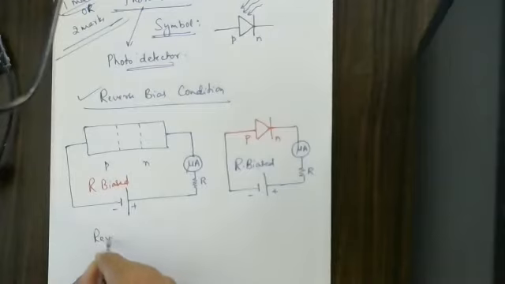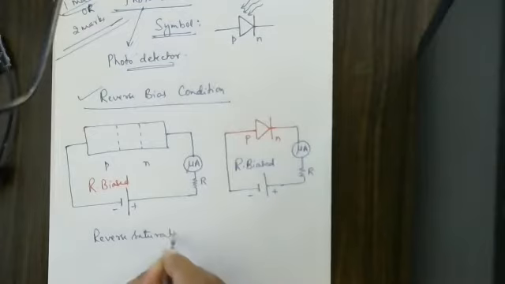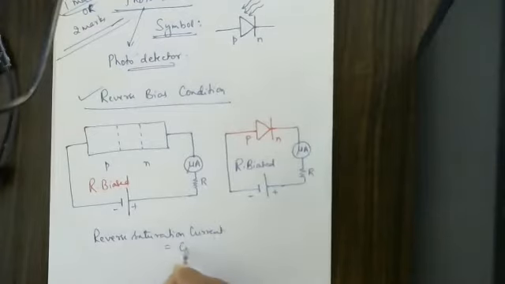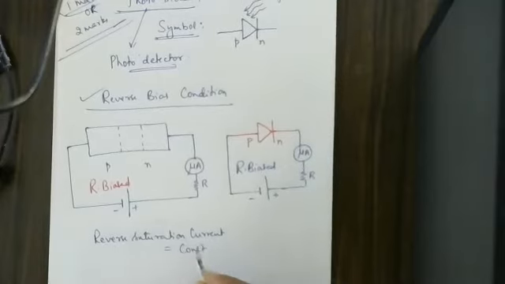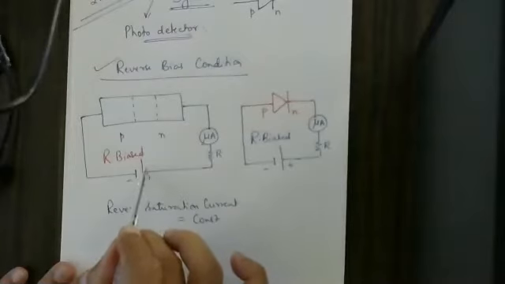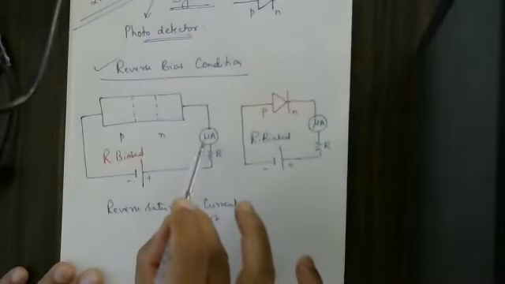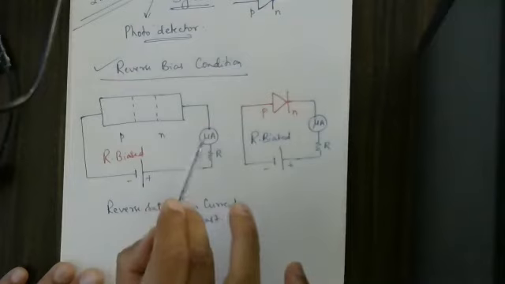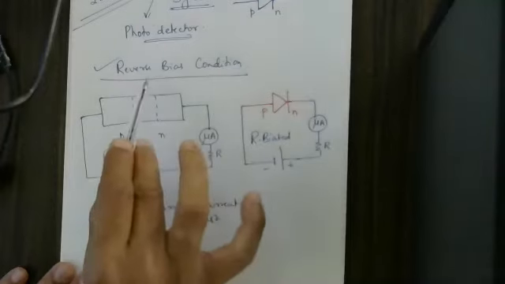So here there is a reverse saturation current. The reverse saturation current is a constant value. As you are increasing the voltage here, the current never increases. The current remains the same in the reverse bias condition.